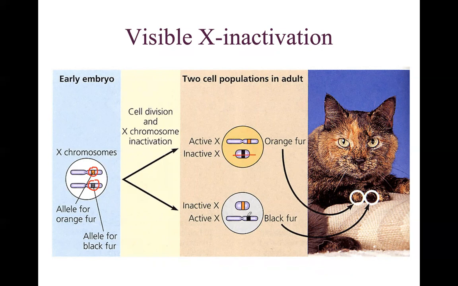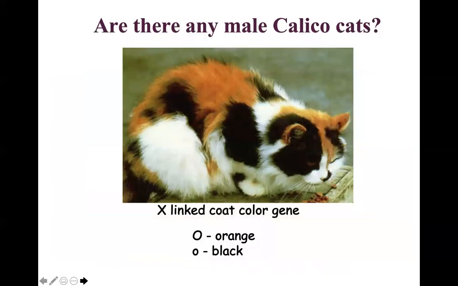Here we have inactivation of the orange, which means the cells that come from this cell for the rest of that cat's life are going to be black. So we see it more so in cats because they have fur than in human females because there's no physical marker. And the last thing is, are there any male calico cats?